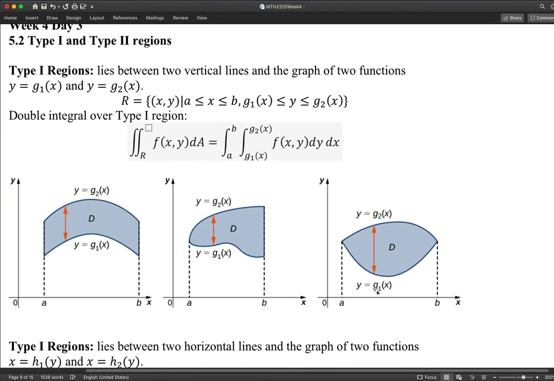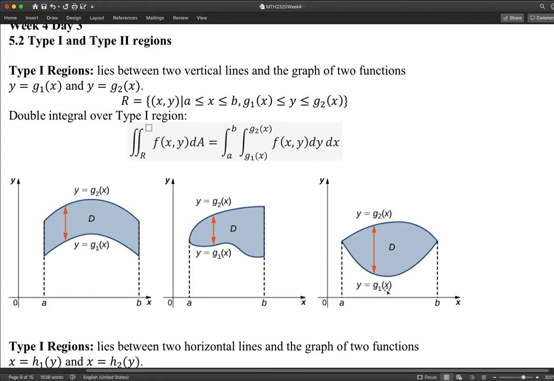The first three charts, and I want to tell you here, don't think too much. Make sure you do understand the first three charts. They are just for type 1 regions. So in general, type 1 regions should be considered as bounded by two vertical lines and a single curve at the bottom and a single curve at the top.